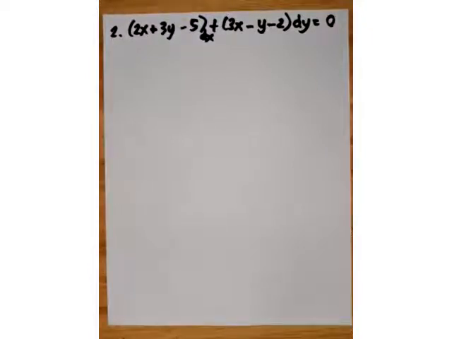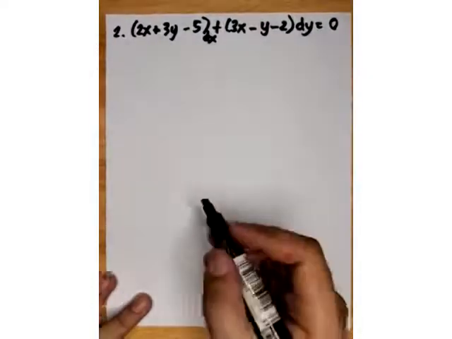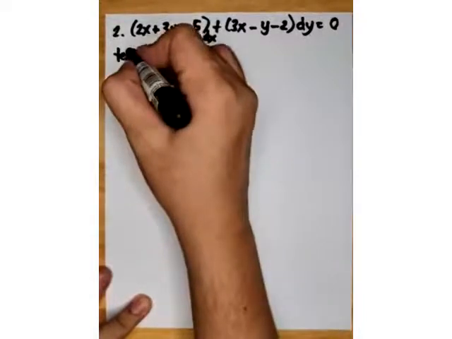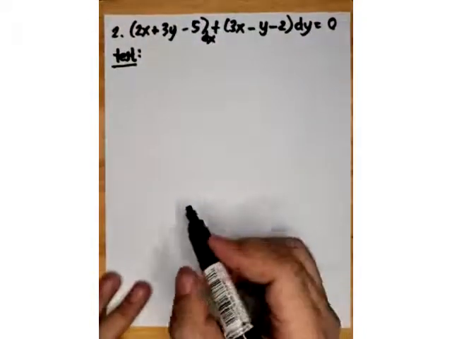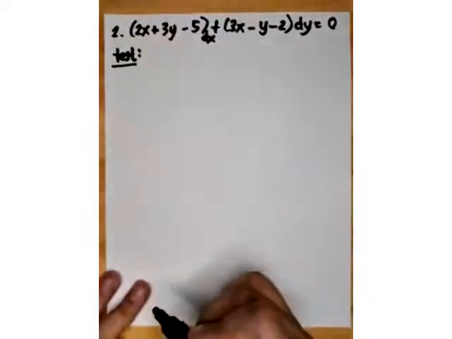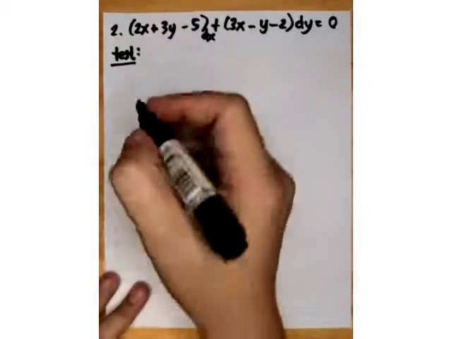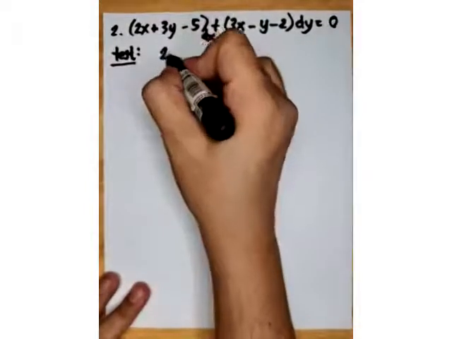So we're given that 2x plus 3y minus 5 dx plus 3x minus y minus 2 dy is equal to 0. Okay, so we need to test. Test muna natin. So, anong ratio natin? So that's 2 over 3.